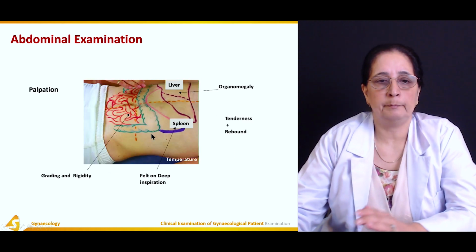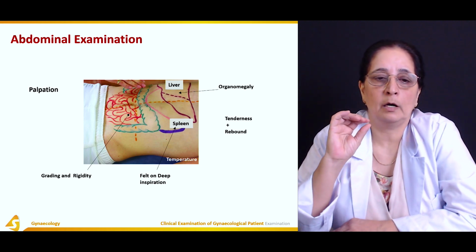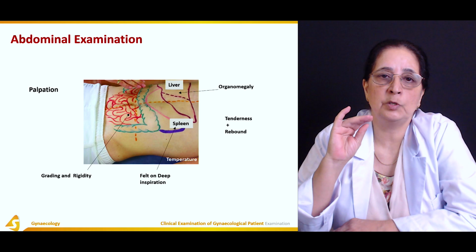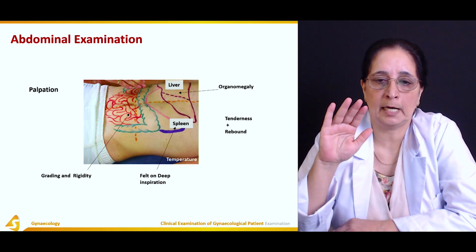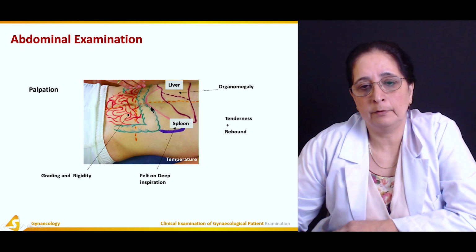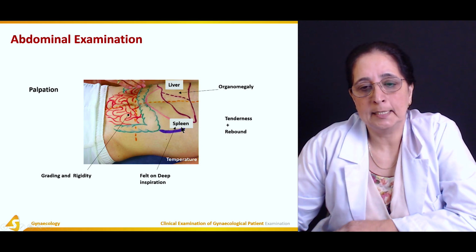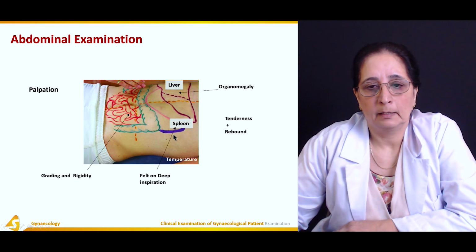Then palpation is feeling the organs by using the fingertips. In palpation here, this is the liver below the ribs on the right side, then the spleen on the left side. That's the large intestine, and then that's the small intestine.